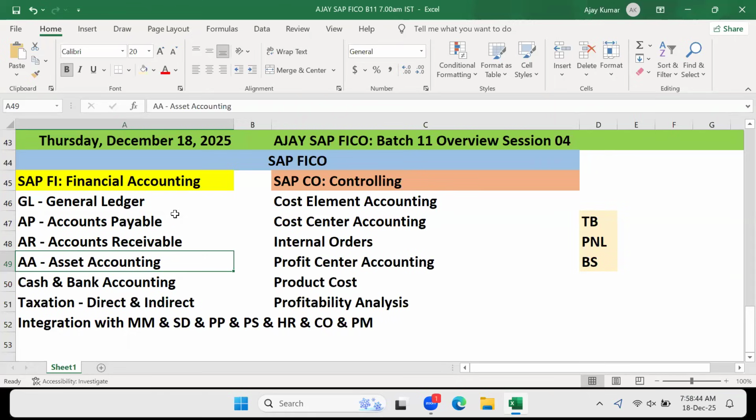In every branch, how much I'm spending, I need to know. If I want to know that, what do I need? I need to create a cost center based on the branch, correct?